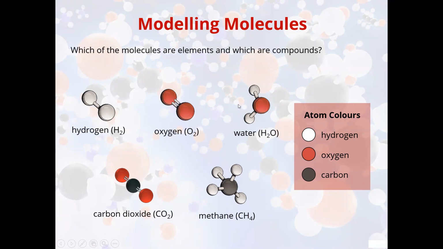There's only one bond between your oxygen and your two hydrogens, there's also one bond. Between your carbon and your oxygens forming carbon dioxide, there are two bonds, and then it's just one. So this just shows you when there's more than one color, it is a compound. When there's only one color, it is an element.